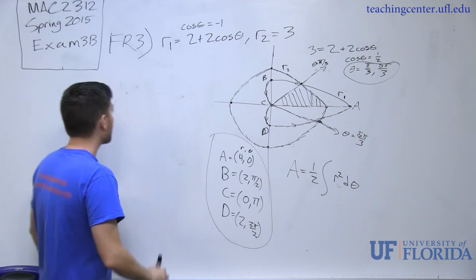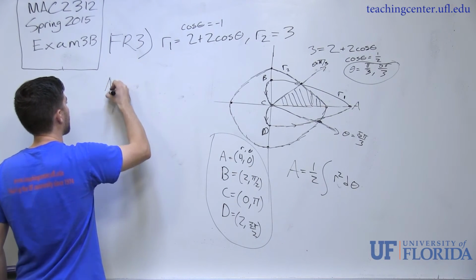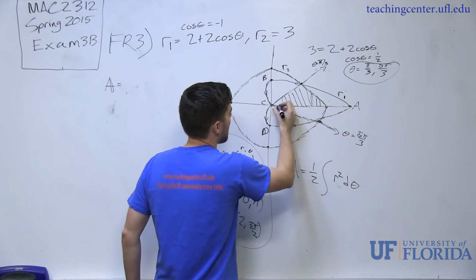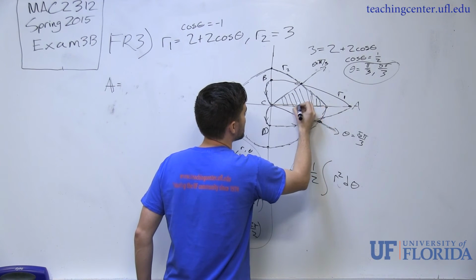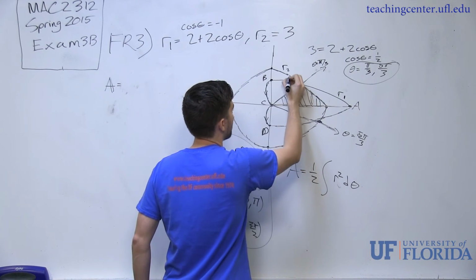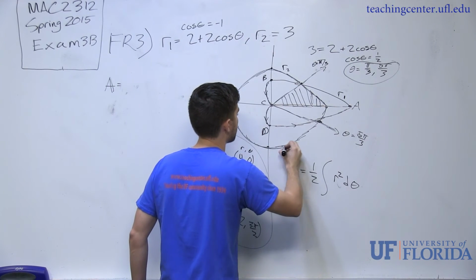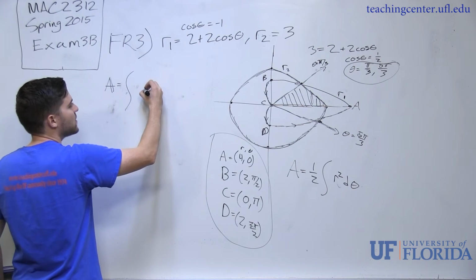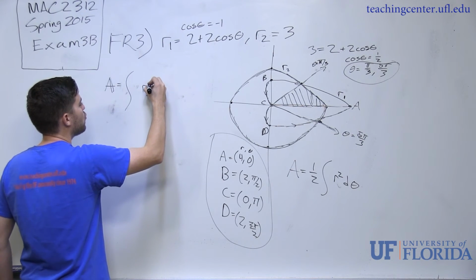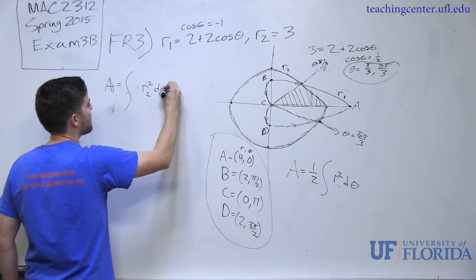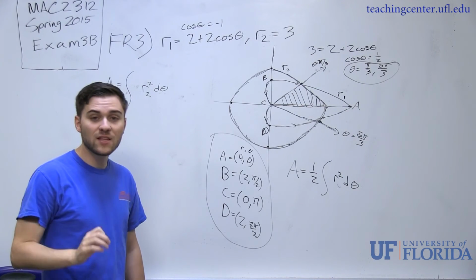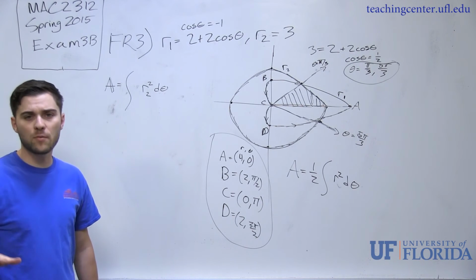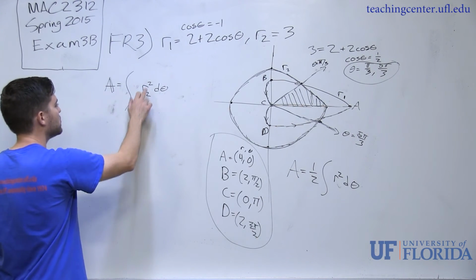So when I plug into here, I know that if I want to get this area right here, my radius would be tracing along the curve for my circle. So I'm going to denote that as r2 squared d theta, which it says in this case we can leave it in terms of r2 and r1, so we don't actually need to plug anything in. But if you did, you probably wouldn't get points taken off. So r2 squared d theta.